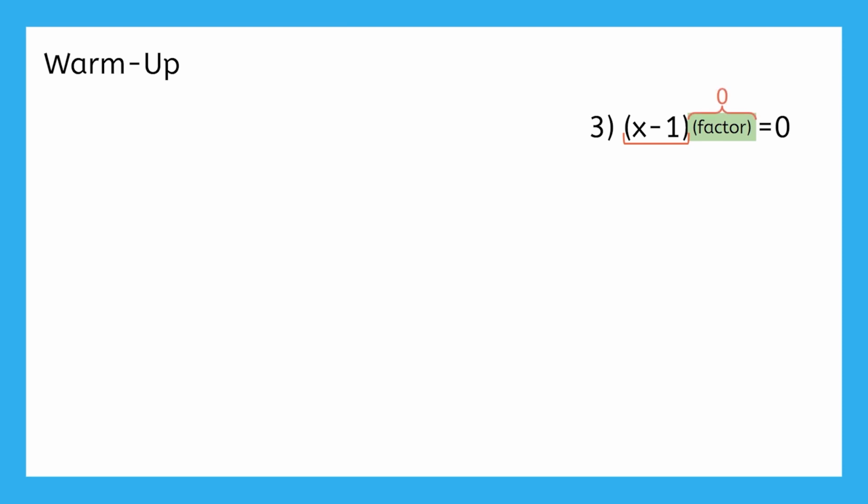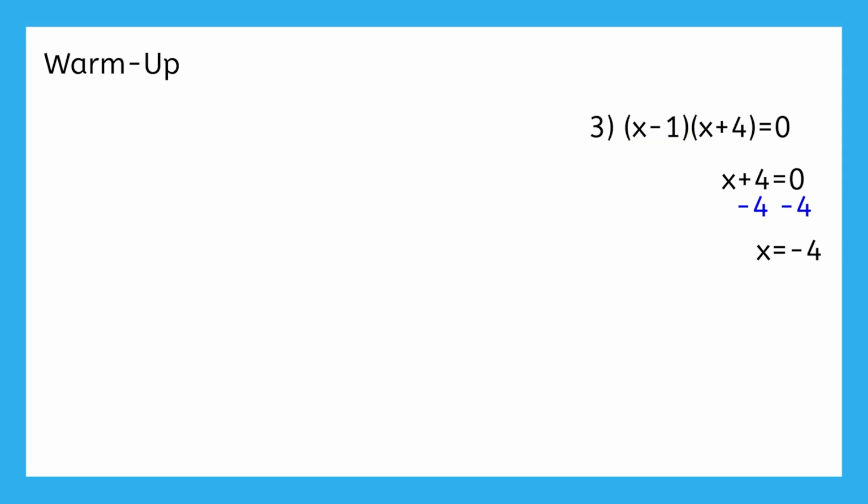We know that anything times 0 will make 0. That means that this factor, x plus 4, would have to be 0. Solving tells me one solution to this equation is x equals negative 4. But it's not the only solution.